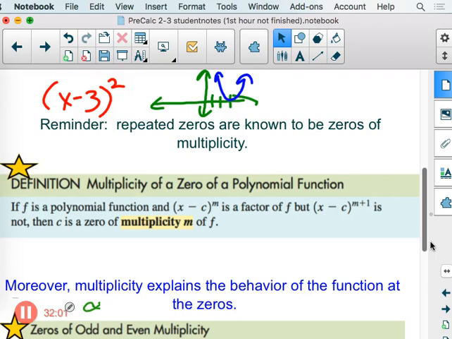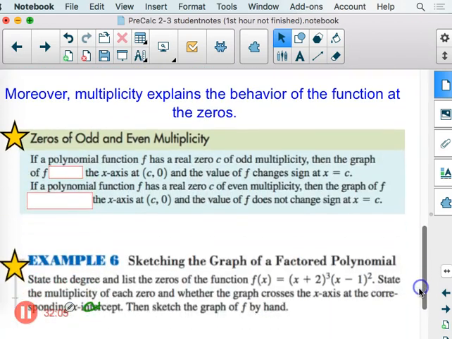It's a tangent. But if it is a normal first, third, fifth, any kind of odd degree, then it's going to cross. And that's what this box says. It says if a polynomial function has a real 0 of odd multiplicity, then the graph of f crosses the x-axis at that 0. And of course, the values of y go from negative to positive or positive to negative as it crosses that 0.